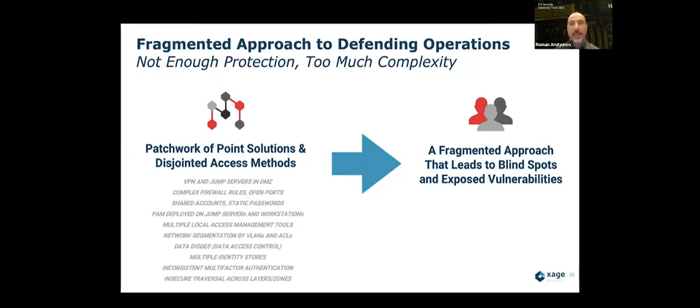We quickly realized that we're struggling using a patchwork of tools that exist today: VPNs, jump boxes, firewall management, privileged access management solutions. The complexity is getting really out of hand, which leads to vulnerabilities and blind spots.